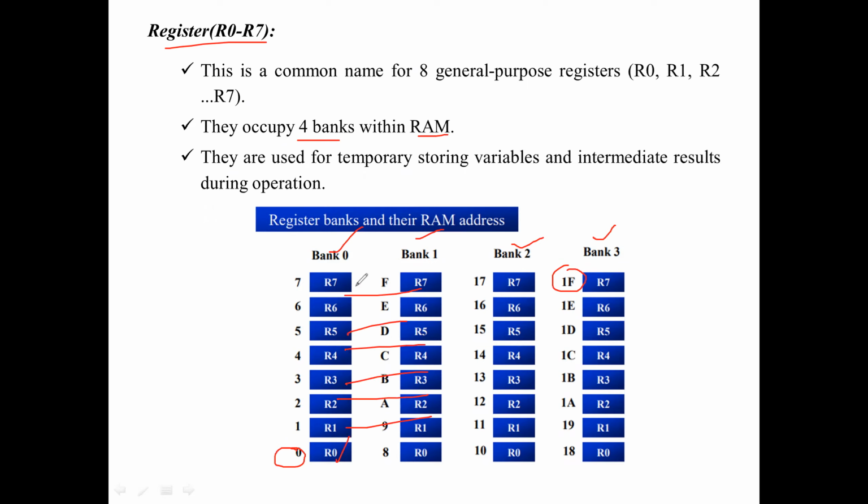So if I use R6, before that in your program you should select which bank. How this bank is selected, I will discuss at the end in the PSW register. Now you understand that inside the RAM we have 4 banks, bank 0 to bank 3.